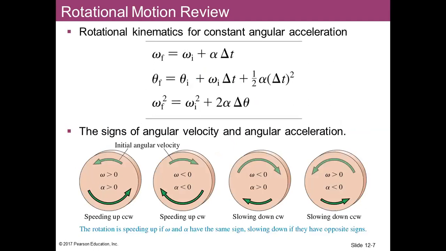So now to make calculations for the quantities that are involved in this motion, which is considered to be rotational kinematics, we use the equations of motion. So the first equation of motion, we have omega f equals initial omega plus alpha delta t. And the second one is this, and we also have the third one here.